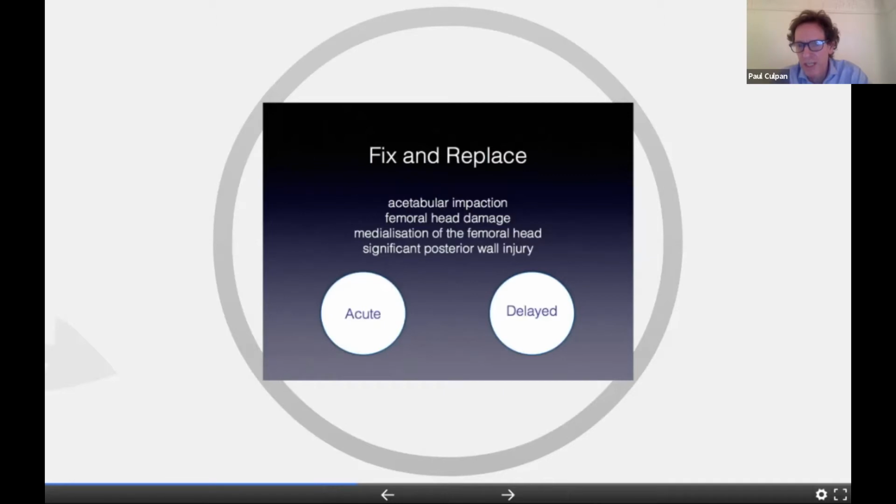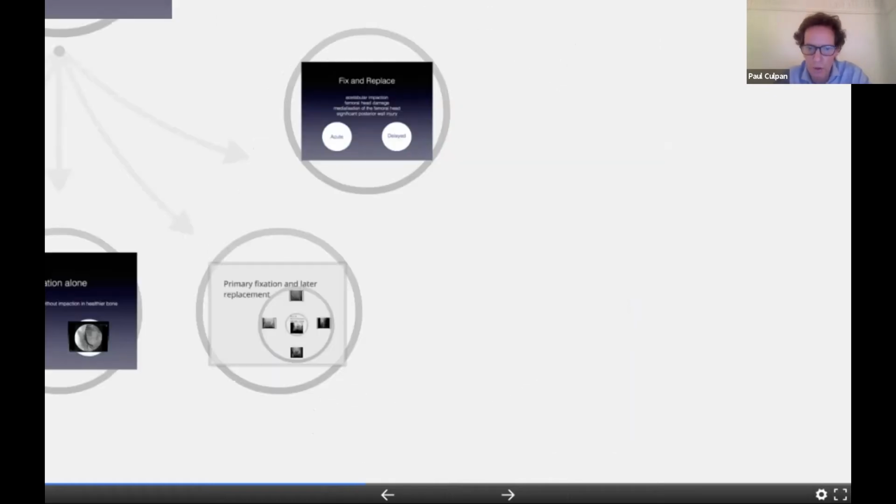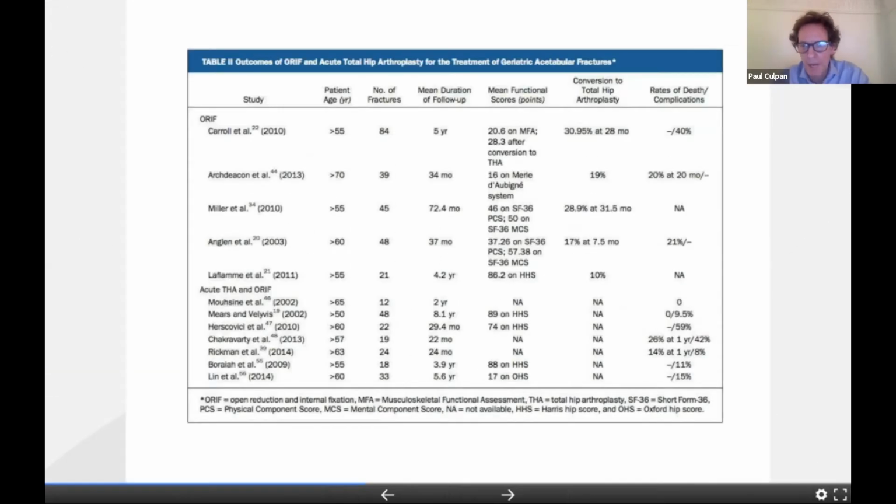We've touched already on some of the parameters that will guide us towards this being a preferred management strategy. So acetabular impaction, femoral head damage, medialization of the femoral head, and significant posterior wall involvement. The evidence on guiding us which way to manage this fracture group is of poor quality. It's essentially multiple series, fairly small case series.